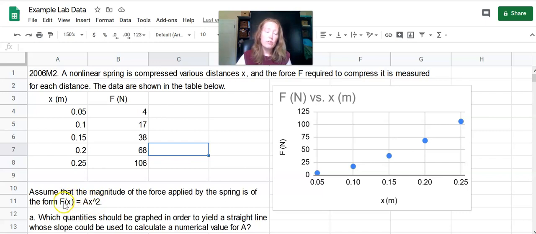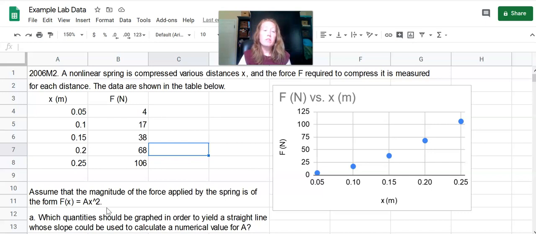So we can either do y and then put the quantity x squared on a new x-axis, because then we would have a new function, like, say now z stands for x squared. Now y and z have a linear relationship.